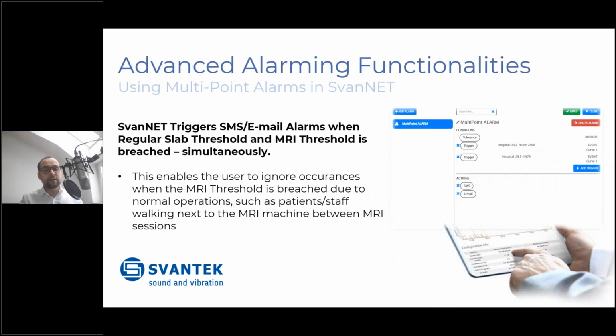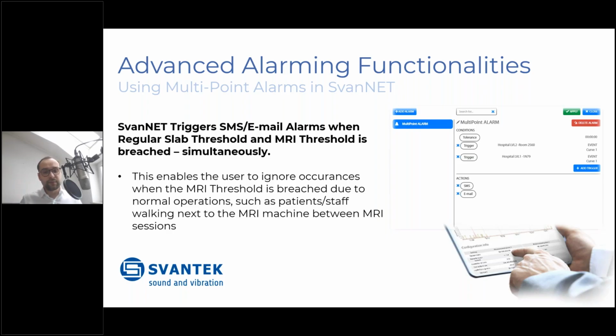In this case study, and obviously Martin is going to talk a little bit more about that as he has the first-hand experience, there was also a multi-point alarm, as we discussed, where we could help to ignore instances where alarms were triggered by the movement of the patient, by the movement of the technician, by people walking around the MRI machine.